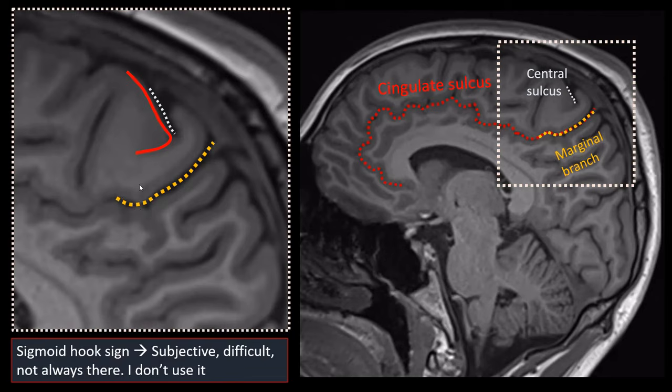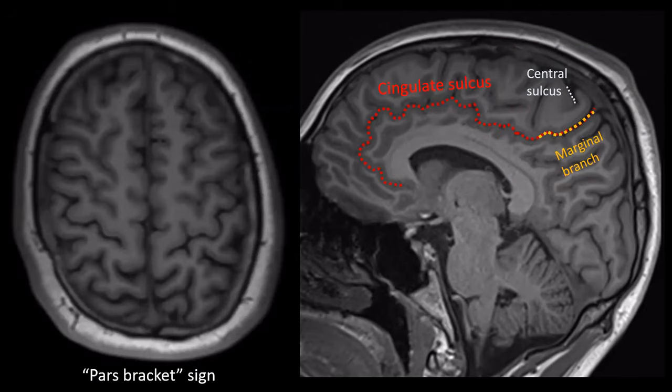You can, however, use the marginal branch of the cingulate sulcus in the axial plane, and I'm now going to show you how. The marginal branch of the cingulate sulcus is often visible on axial images and forms a so-called pars bracket sign. It looks a bit like a pars bracket or a mustache, if you want.